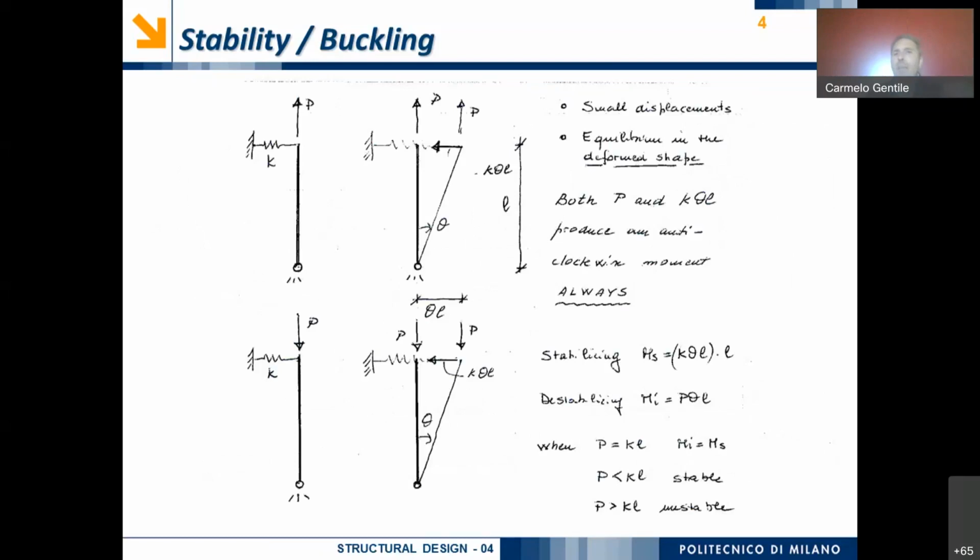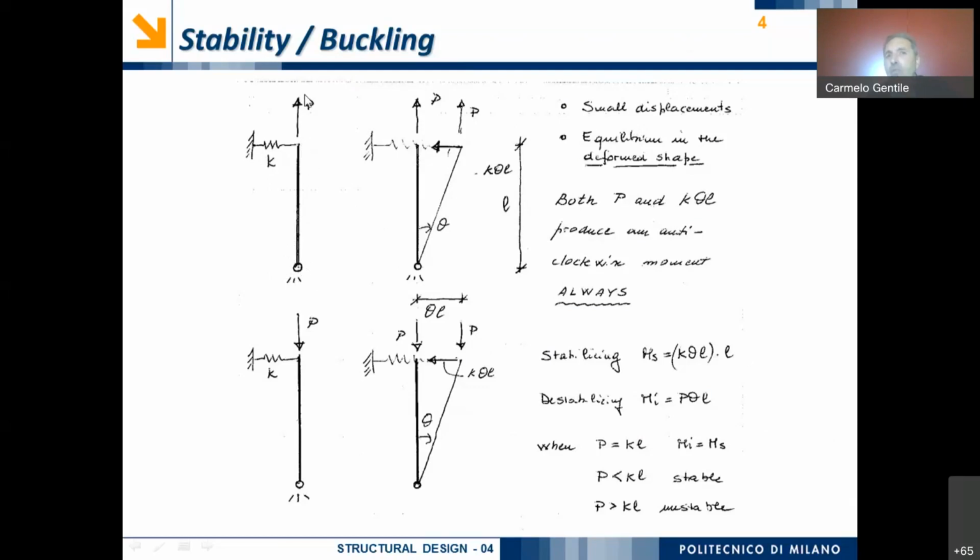Now let's move, for example, to another kind of case in which the mechanical system is again not a real one, it is an idealized one, because we can refer, for example, to an indefinitely stiff vertical beam which is hinged at one end and connected to a spring at the other end.